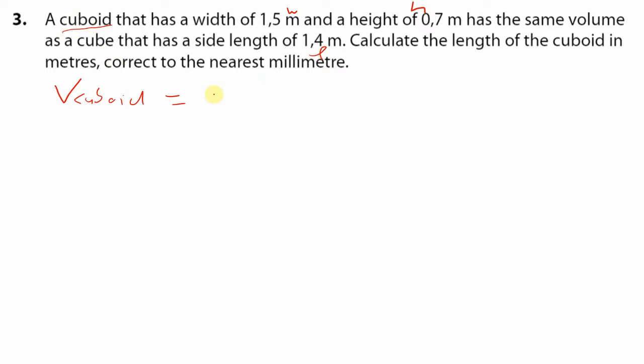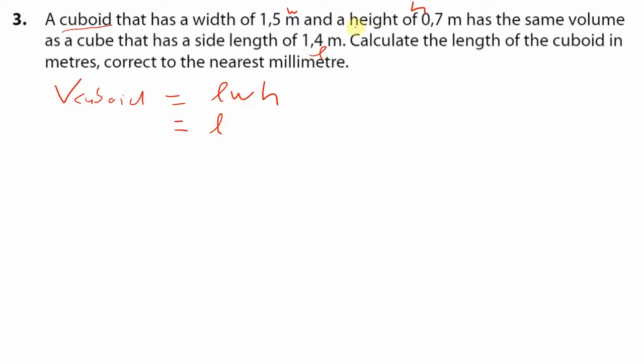So if you know what a cuboid is, you know it's a rectangular prism. So for rectangle, the area of that base is length times width, and then we know we still have to multiply by the perpendicular height. So now let's substitute. So we don't know the length.